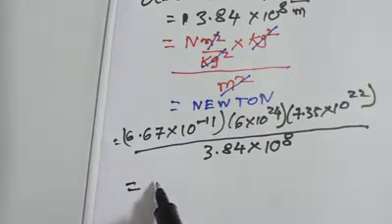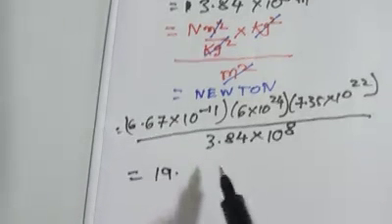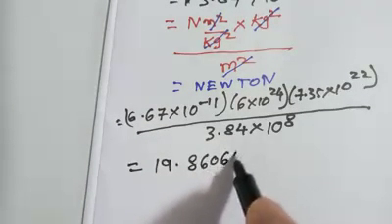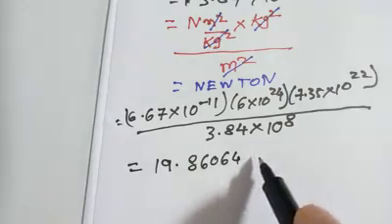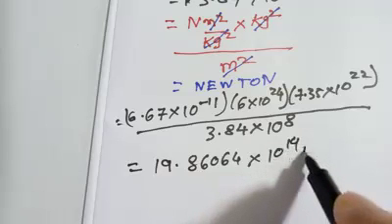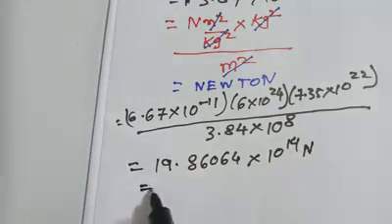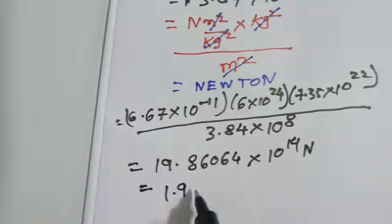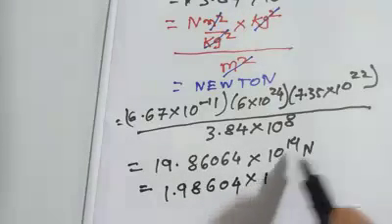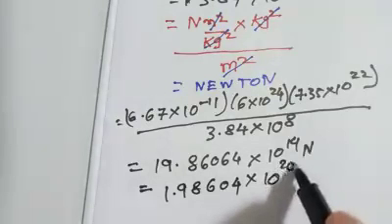If I calculate it, it would come to 19 point something like 86064, I'm not precisely mentioning that, whole divided by 10 to the power 19 newtons. So I've shifted the decimals to here. It becomes 1.986064, and this shifts to 10 to the power 20 newtons.